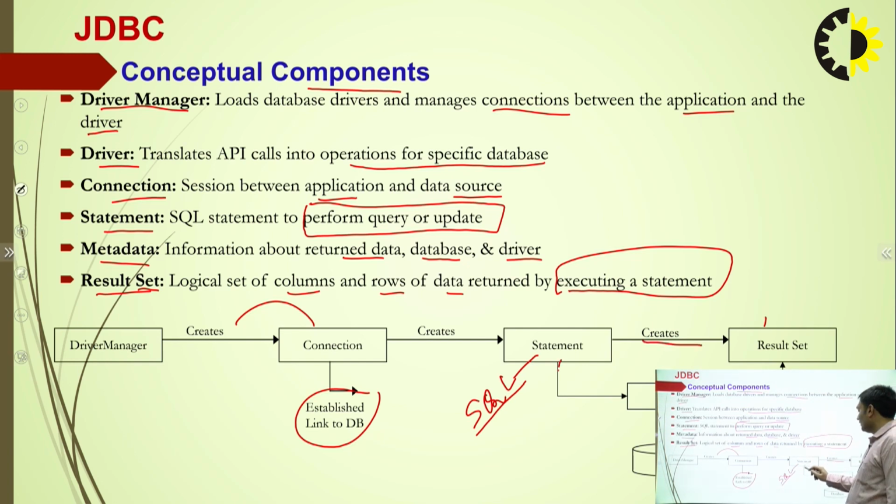This statement also takes help of the driver to process this result, and this driver is directly connected with the database. So in this way our application is connected to the database, and we actually run the query to access the data or to update the data in the database.